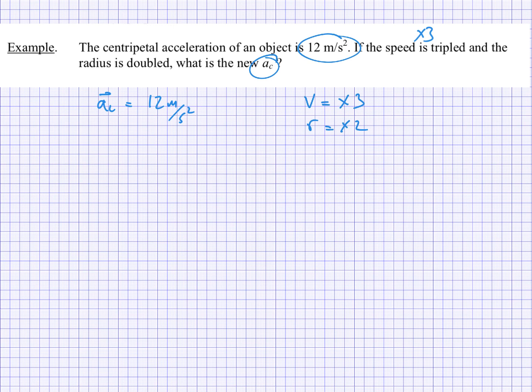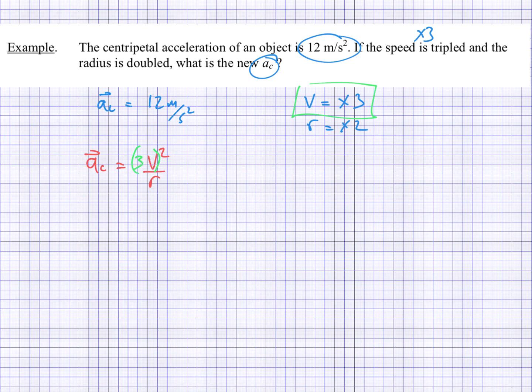Well, since we've got velocity and radius, we are going to go ahead and use our v squared over r equation. And what we're going to do here is insert these ratios into our equation. So speed is multiplied by a factor of 3. And what's important here is that you can recognize that the 3 is associated with the speed.